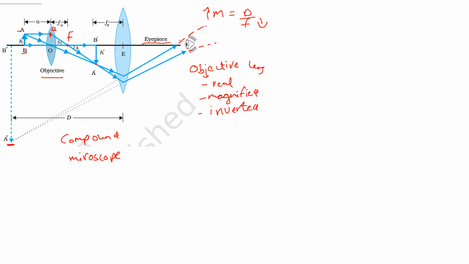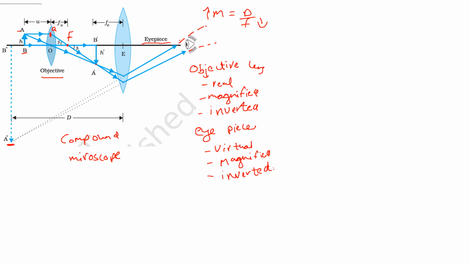After that, when it is passed through the eyepiece, the image obtained is virtual, because we are just extending the rays to get the image. It is magnified, enlarged, and inverted. So from the eyepiece we will get an inverted image.